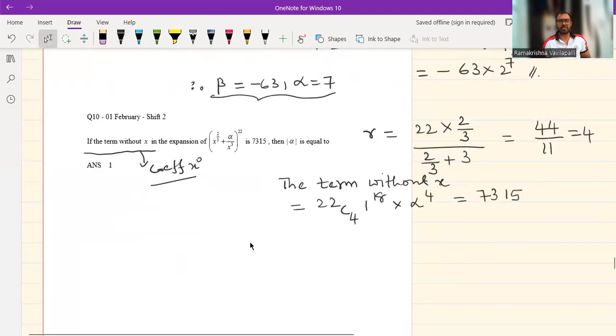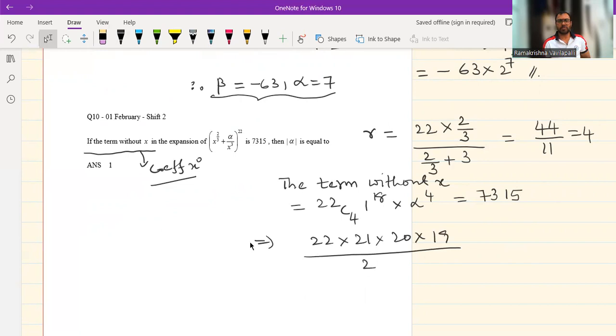So it is just a simplification: 22 into 21 into 20 into 19 by 24 into alpha to the power 4 equals 7315.